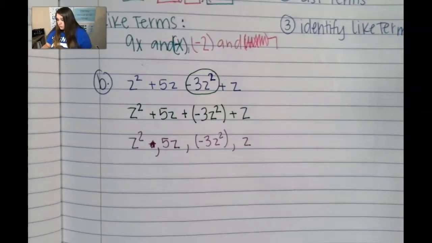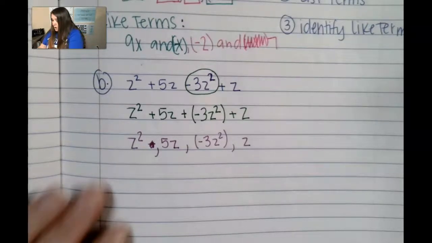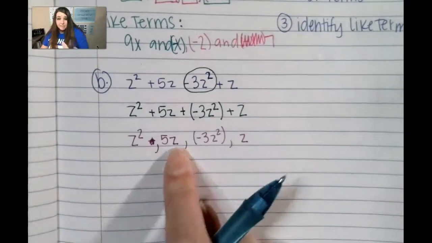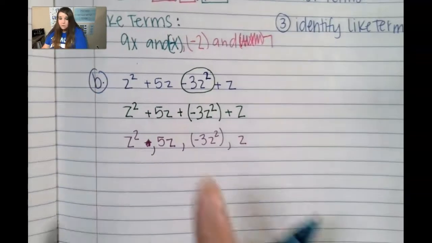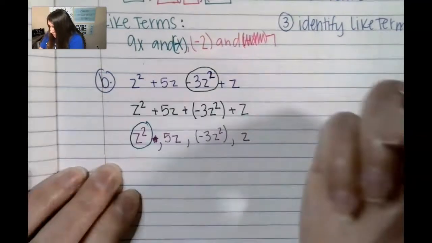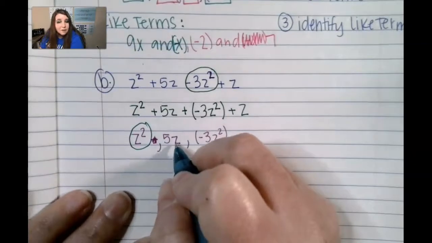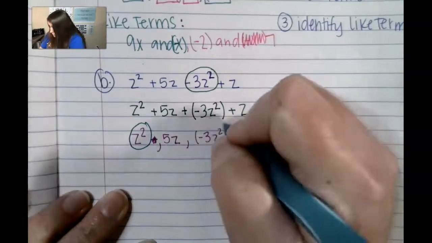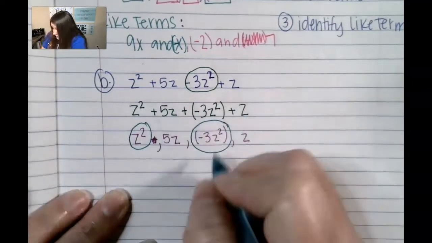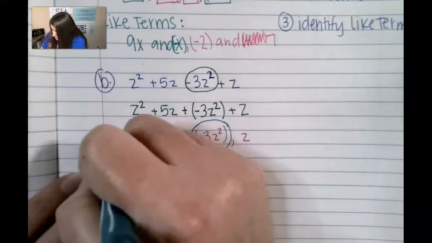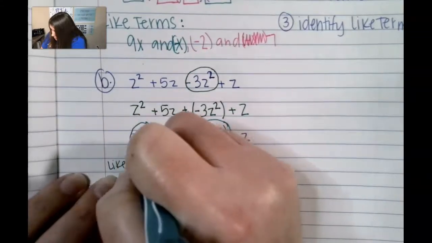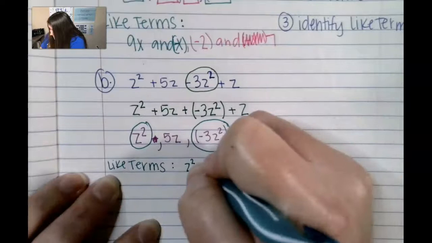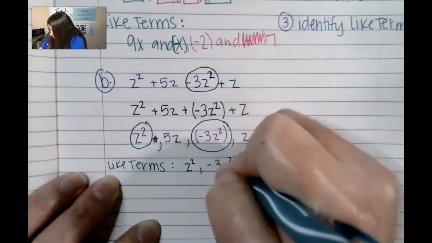So our like terms, the things that are the same: z squared is not the same as z. They both have a z, but they are not the same. So this one has an exponent. This one does not have an exponent of 2. So z squared and this negative 3z squared, these are going to be the same. So our like terms are z squared and negative 3z squared.